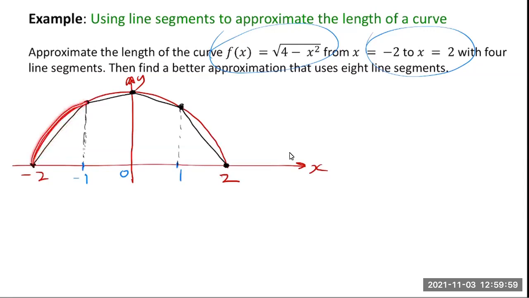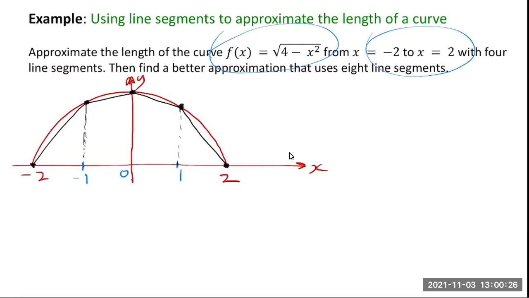This arc length will be a little bit more than the length of this line segment, but it's close. Likewise, every line segment is an approximation for the arc length in that interval. So the sum of the lengths of these 4 line segments would be an approximation for the length of this given arc on the interval -2 to 2.